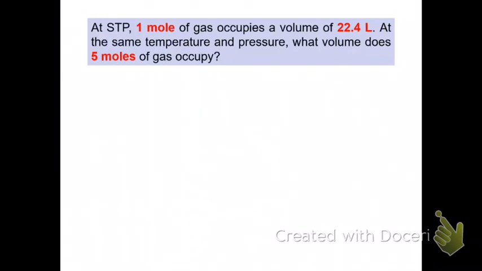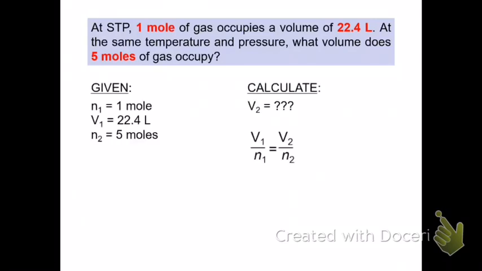And you can prove that mathematically using that equation: V1 over N1 equals V2 over N2. Using this equation to find V2, we can isolate V2 by moving N2 to the other side. So now V2 is equal to V1 times N2 divided by N1. Then all you have to do is plug in the numbers.